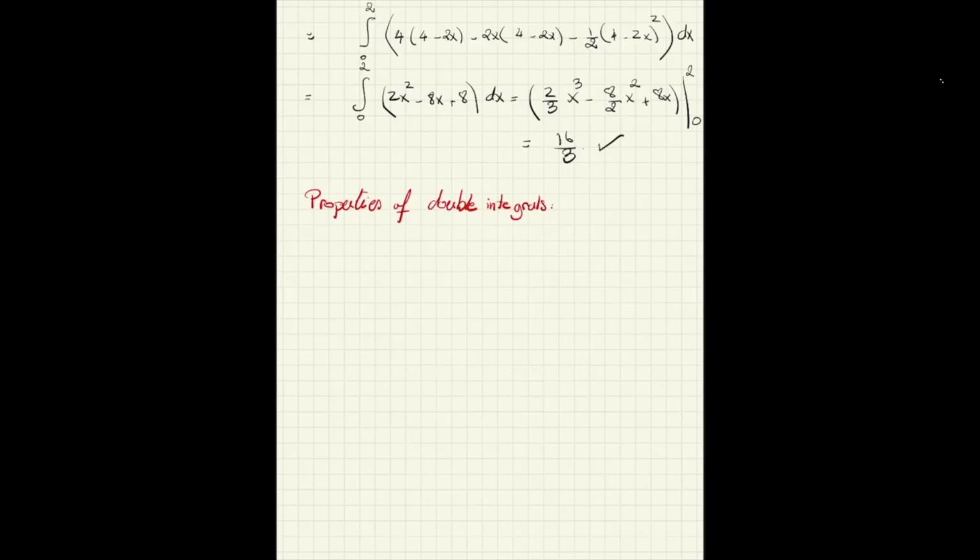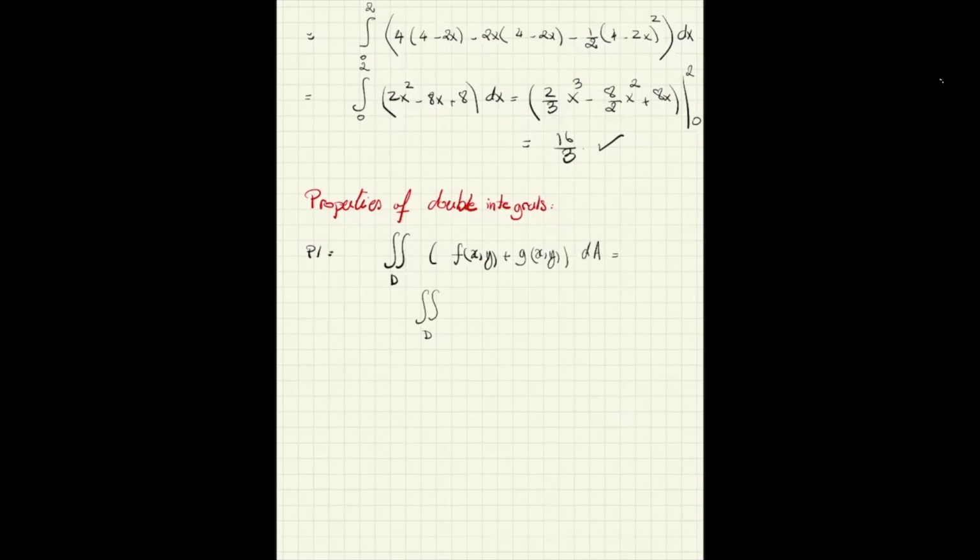If you just think about the volume, you're just going to simulate them. The first property says that the integral over a domain, and all of these hold if the function is continuous, of a sum of functions f and g, you just have to add the volumes.